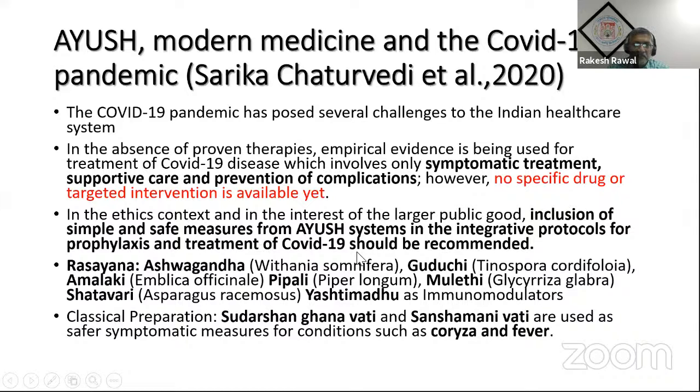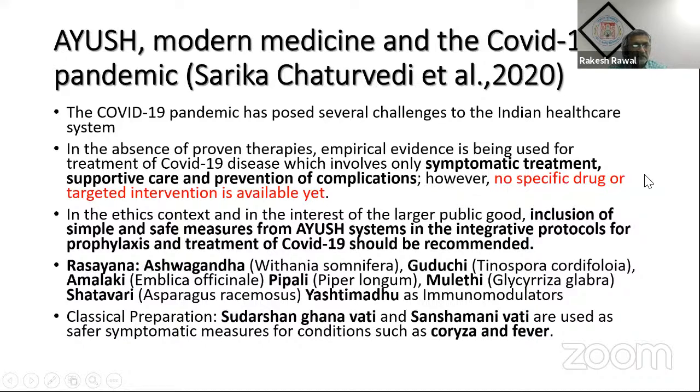So the COVID-19 pandemic has posed several challenges to the Indian healthcare system, right? And in the absence of proven therapies, empirical evidence is being used for treatment of COVID-19 disease, which involves either symptomatic treatment or supportive care or prevention of complications.